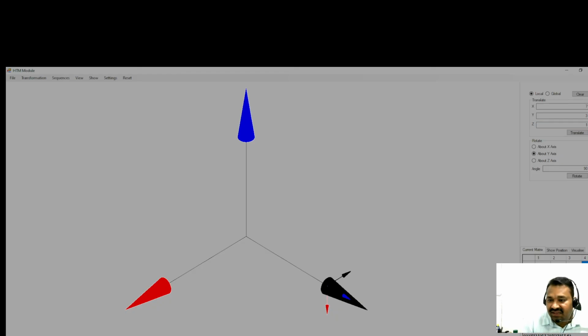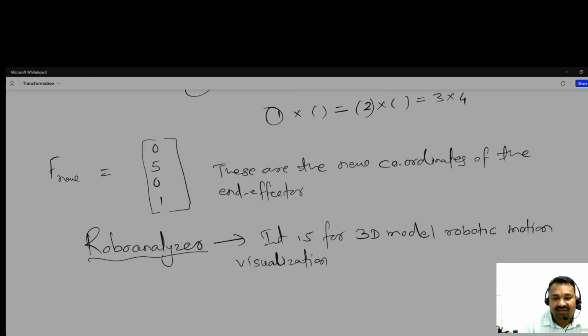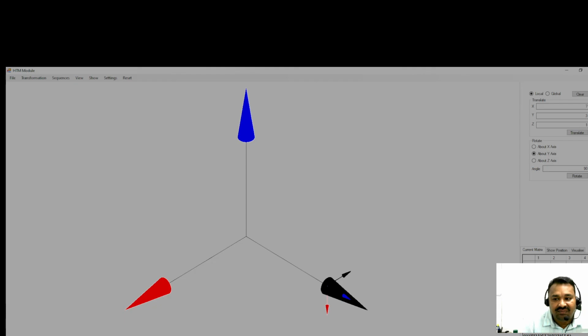So this is confirmed by this visualization. You can say the graphical representation also we can do, or through our analytical approach by multiplying the matrices. That is also confirmed. You can see here 0, 5, 0. Here also 0, 5, 0. So with this, thank you.